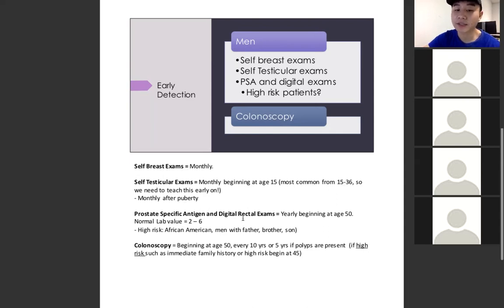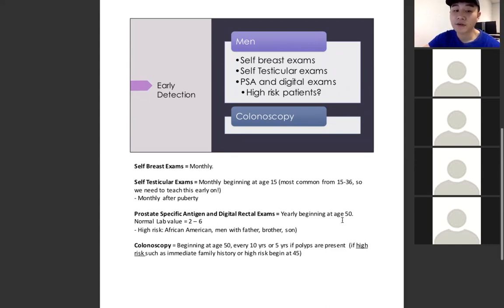Prostate-specific antigen and digital rectal exam. Digital rectal exam is when the doctor literally uses a finger, goes up the anus of the man, and feels the prostate to see if it's enlarged. That's called a digital rectal exam.